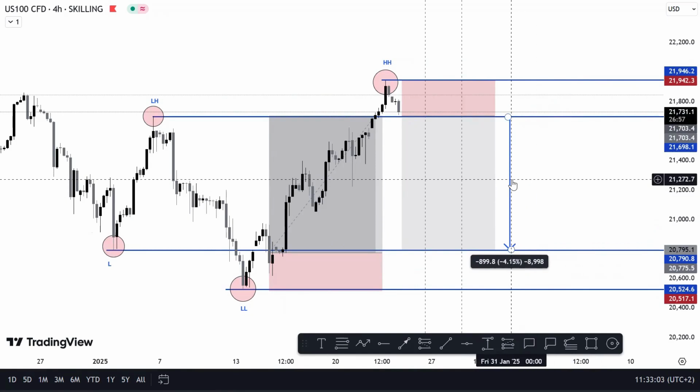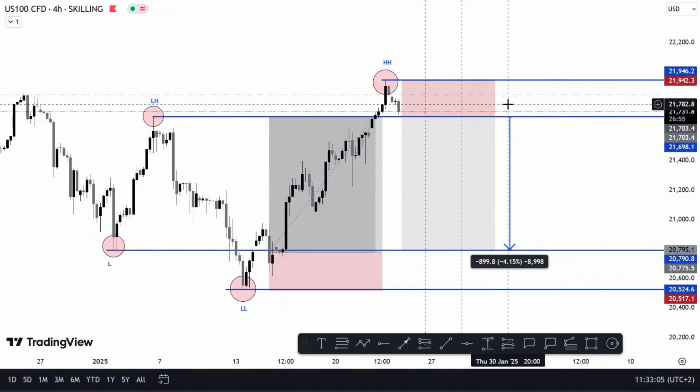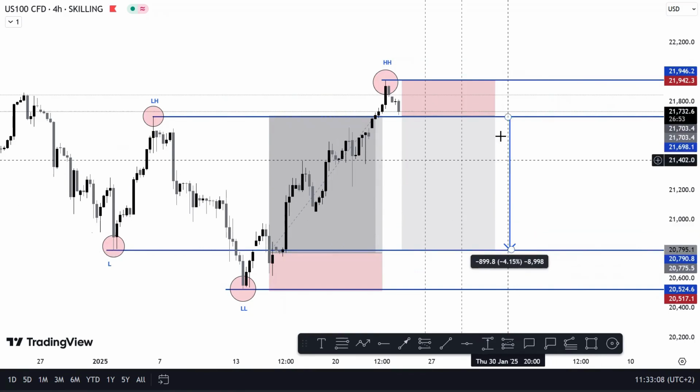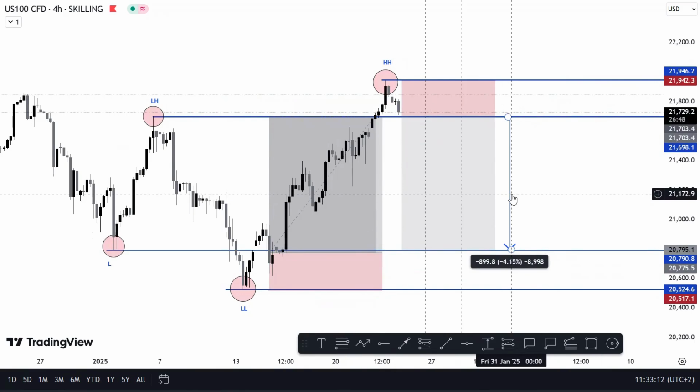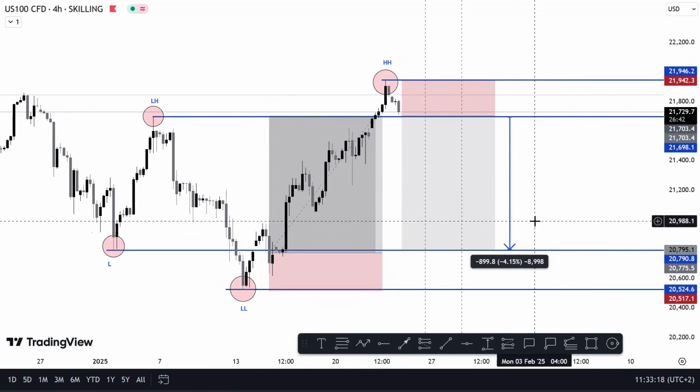That's how much you're looking to make from this move going down, 15,000 per trade. On a 0.01 micro account, you're looking to make at least 1.5.